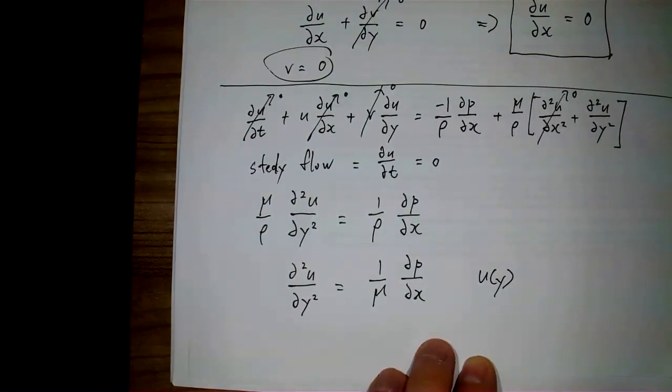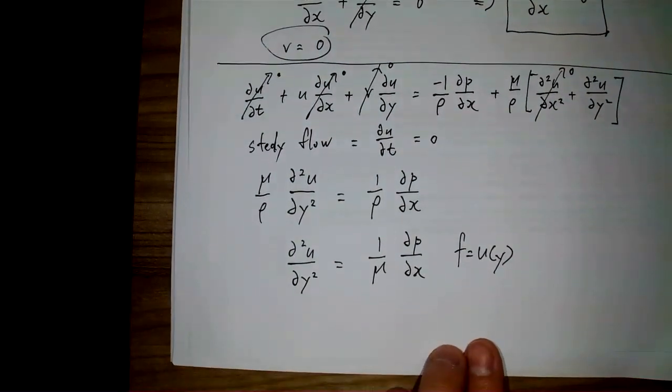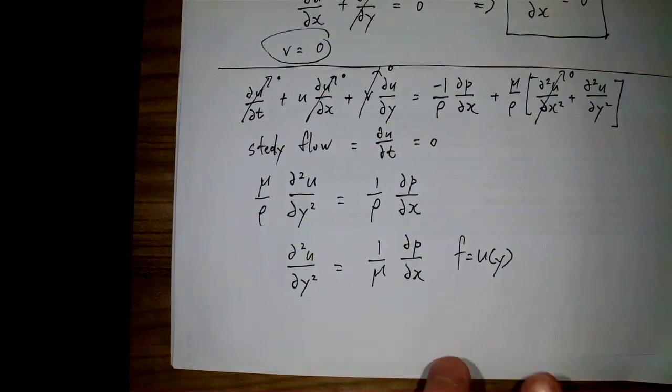So based on just the continuity equation and the momentum equation, we can derive this second derivative profile, meaning your flow is purely driven by the pressure gradient with respect to your x direction.